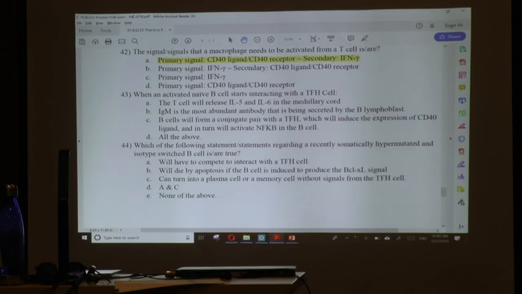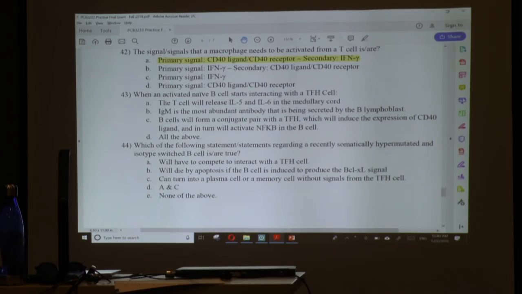So CD40 is present in many cells. CD40 ligand is on the T cell all the time. And then with hyper-IgM syndrome, which is another disease that you went over during the semester, you have a lack of CD40 ligand on the T cells, right? Because of a mutation or whatever problem you have that doesn't let you express CD40 ligand.